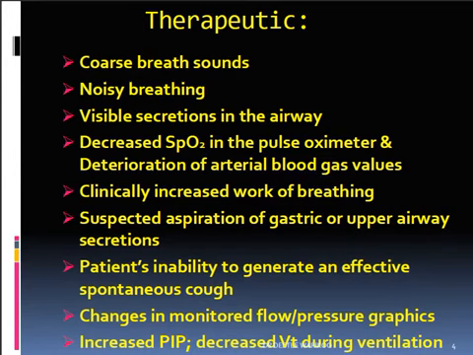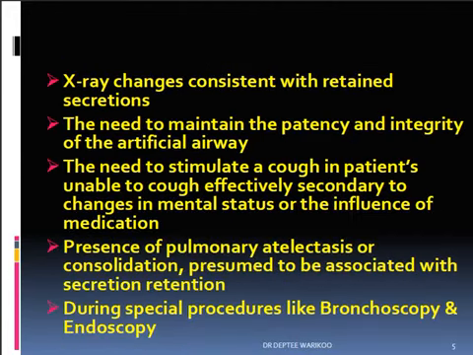Clinically increased work of breathing, patient is very inefficient to perform proper breathing. Suspected aspirations of gastric or upper airway secretions, patient's inability to generate an effective spontaneous cough, any changes in the monitored flow pressure graphics, or if there is increased PIP.